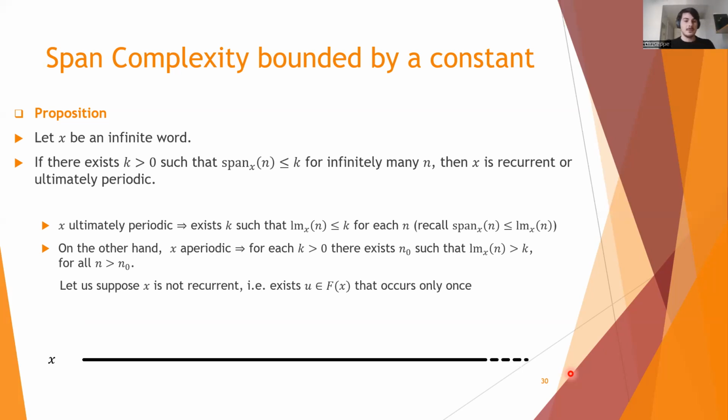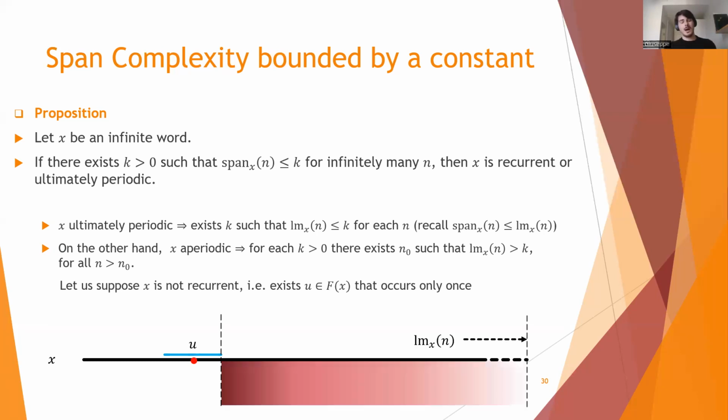This means that when we find this factor u, we are forced to place string attractor positions within the range where u occurs. But since we cannot bound the leftmost complexity, then the span of this string attractor cannot be bounded by any constant.